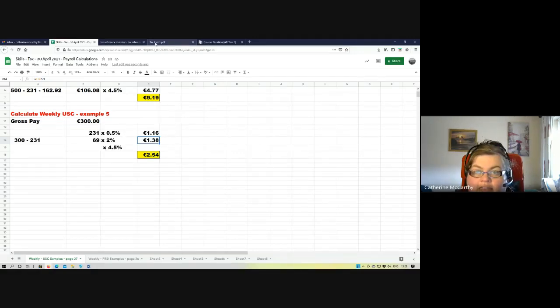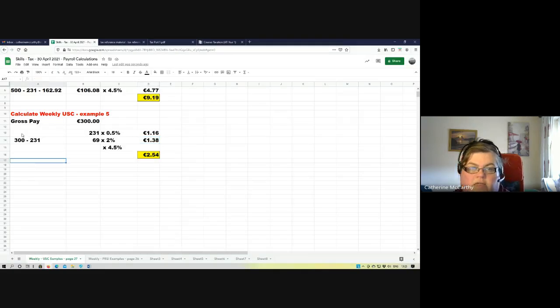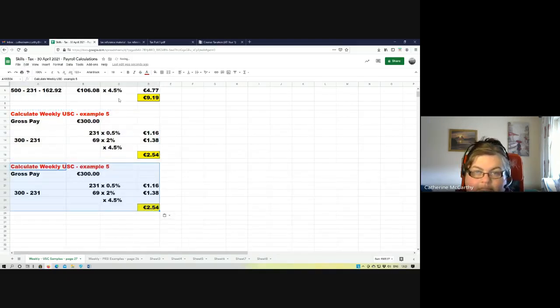And then our last one here is example 6. I have two 5s, that should be example 6. We've got a gross pay of €1,500, and we've a pension of €150.